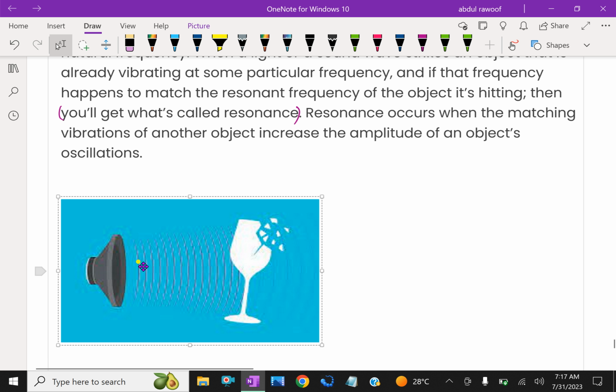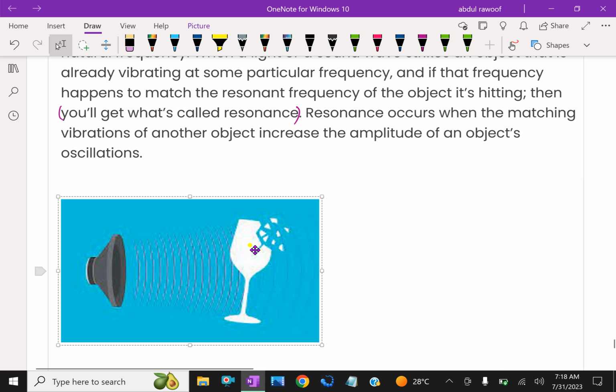Suppose you are creating a sound with a particular frequency. Suppose it matches the natural frequency of the wine glass. So by using sound only, without touching it mechanically, we can break this glass. That means both the natural frequency and the created frequency match, then resonance happens.